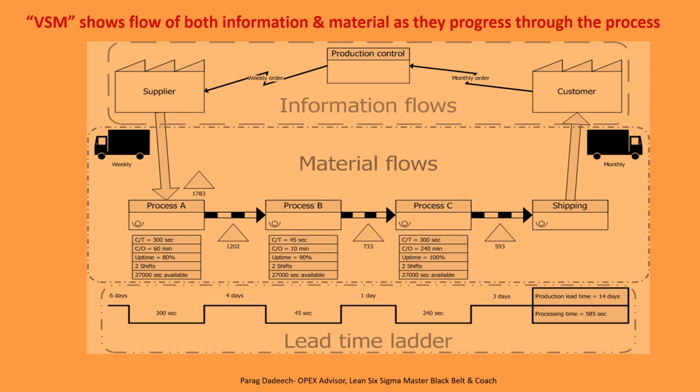The yellow triangles show the piling up of waste, which is the work in progress or inventories. So you can see from this value stream map that there is enormous scope for improvement by taking up suitable actions to reduce the waiting time, the delay time and inventories, and trying to reduce the end-to-end lead time from 14 days to as low as possible.